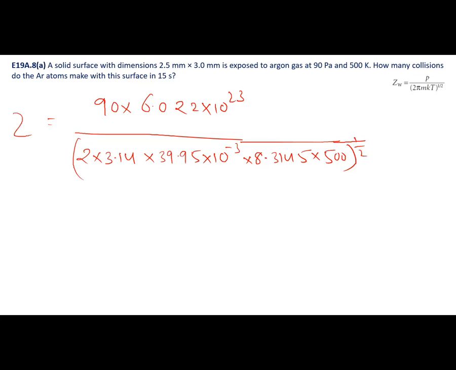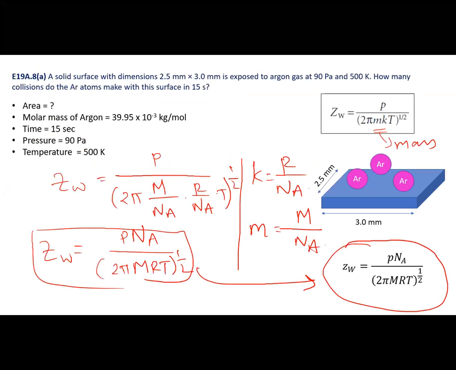So this is Z sub W, which, if you look at the previous slide, is the collision flux: the number of argon molecules that are hitting the surface per unit area per second.